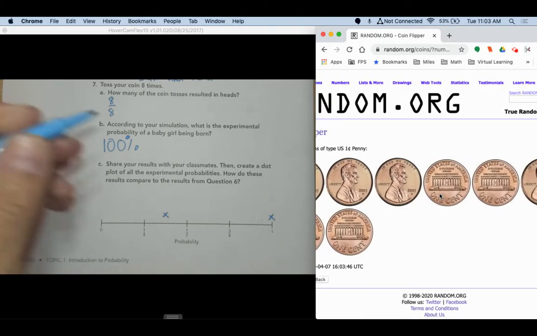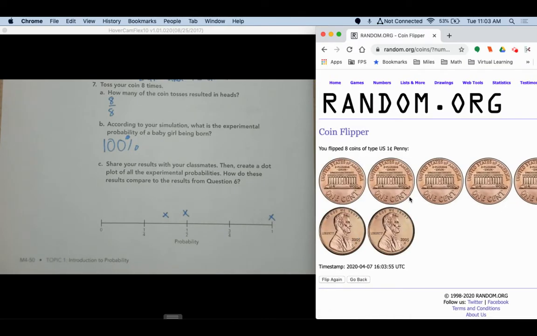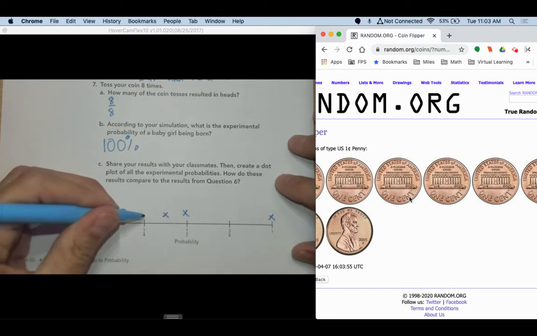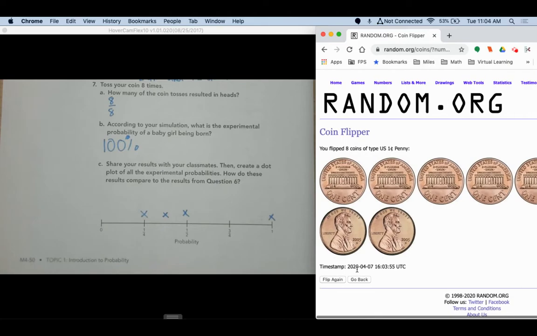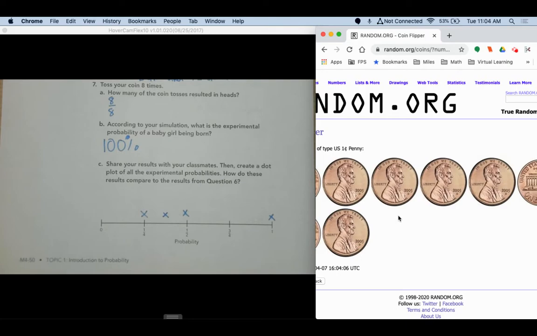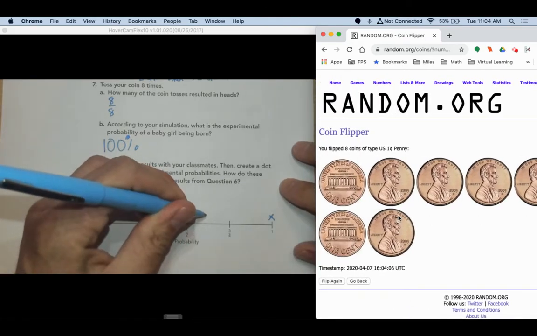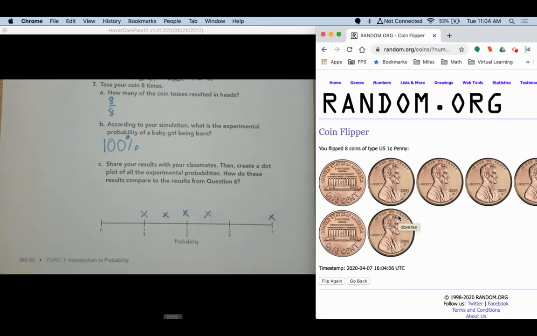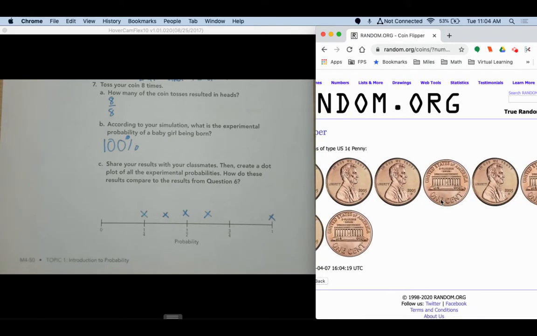Then 3, 4. That's 3 groups. That's 4 groups. Five. That's 5 groups.